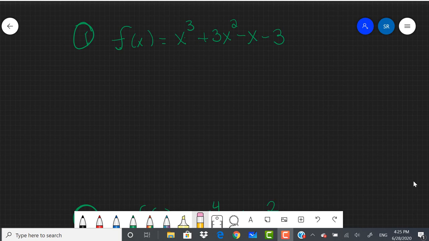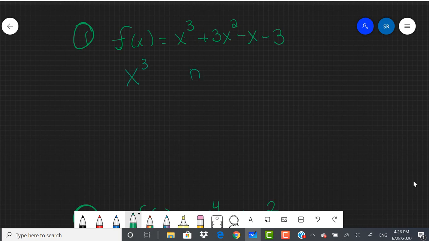So the most important part to find the end behavior is to look at what we call the leading coefficient or the leading term. So my leading term here is always the term that has the highest exponent. So in this case, that is going to be my x cubed.